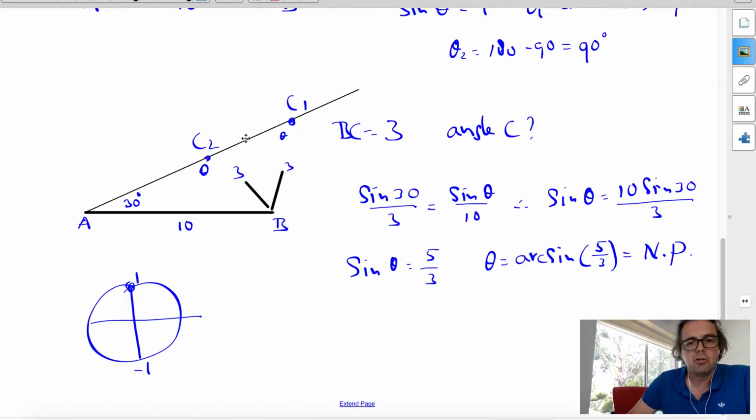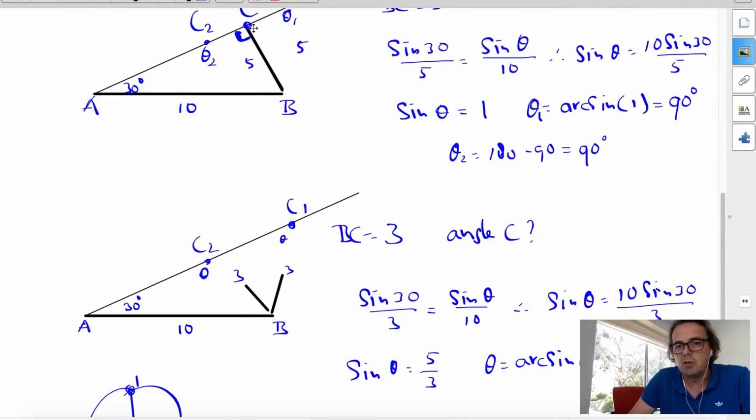They're too short to reach that line anywhere, which we sort of knew from the previous example, because it took 5 to get exactly to the line, shortest path. So 3 just doesn't cut it. No answer, no triangle. And we use the sine rule in all the 3 cases to establish this.